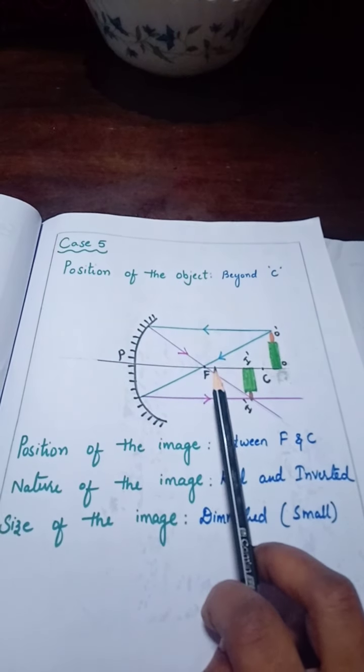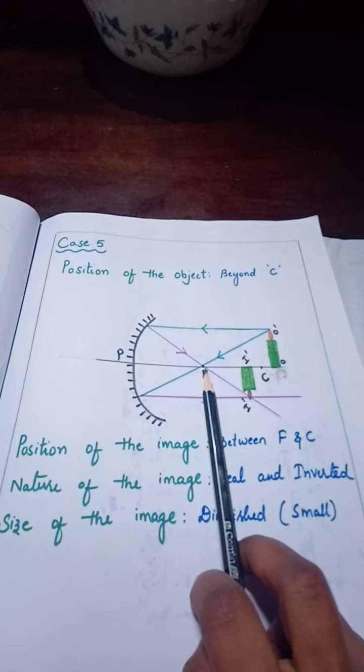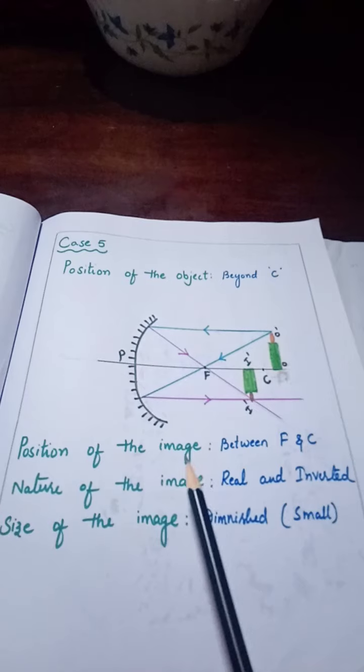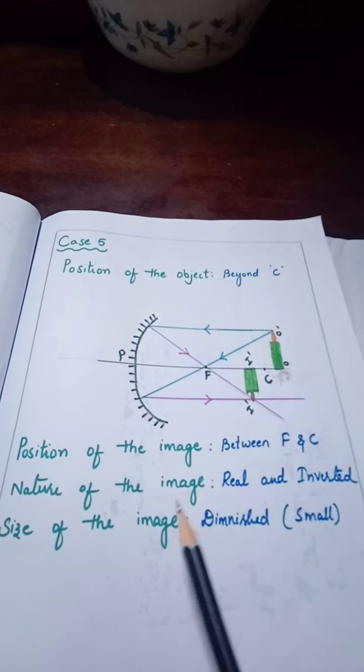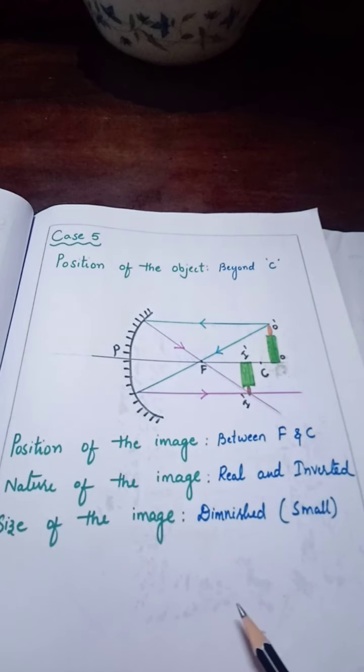And the next position, if the object is placed at F, the image is formed at infinity, and the size and the nature are not discussed, as it is forming at infinity. We do not predict what is the nature.